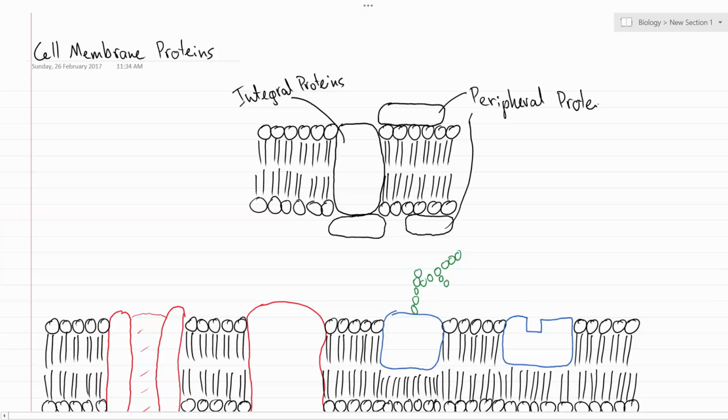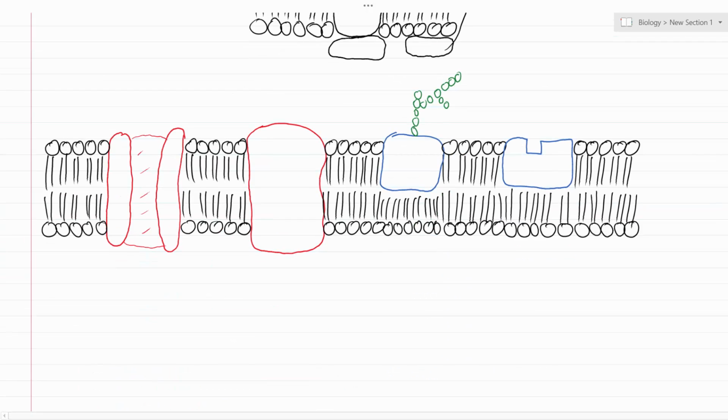These are proteins which aren't necessarily embedded in the cell membrane, they're just loosely held on the outside of the cell membrane, as opposed to integral proteins which are embedded within or through the cell membrane in some differing amounts.